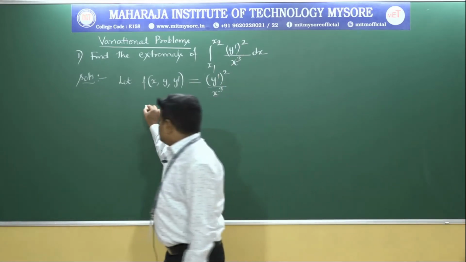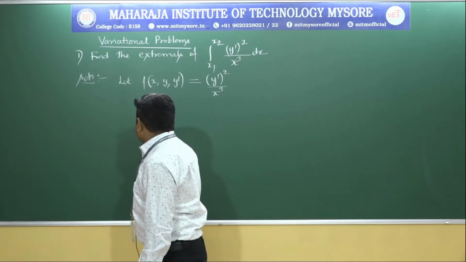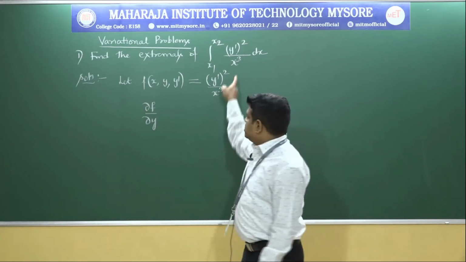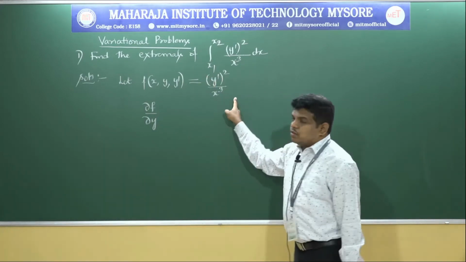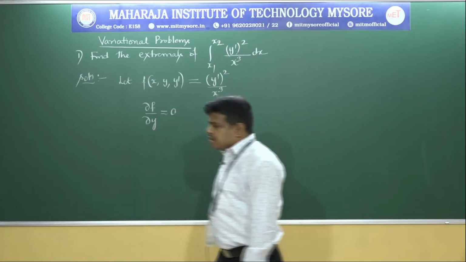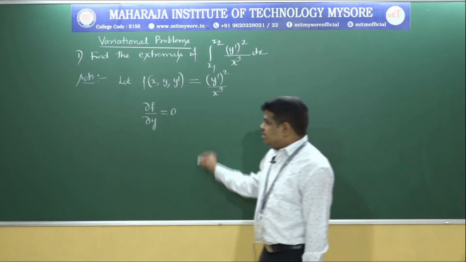Next, partially differentiating f with respect to y, in the right hand side we do not have any function of y, therefore it becomes 0. When you are partially differentiating with respect to y, x and y dash are constant.